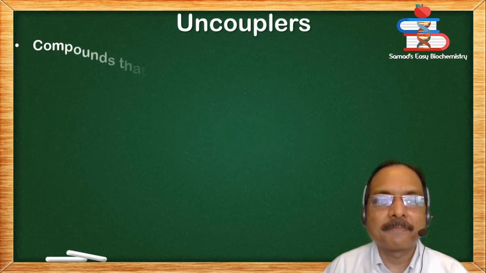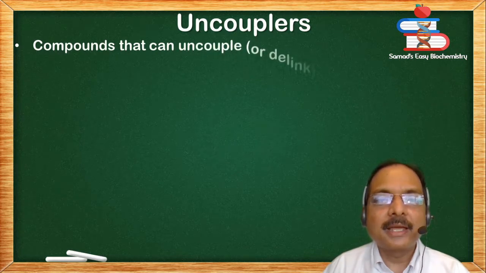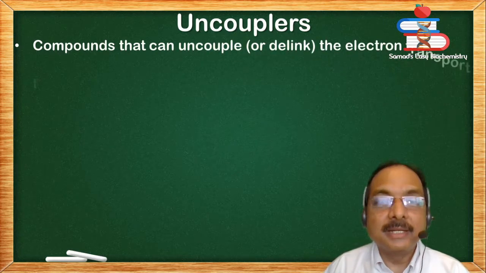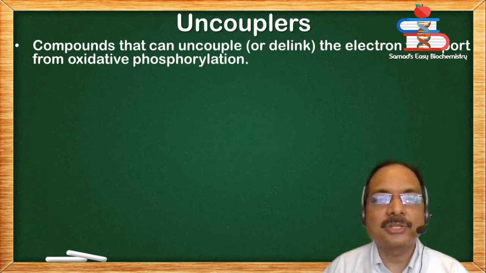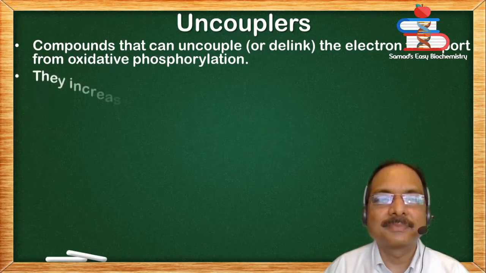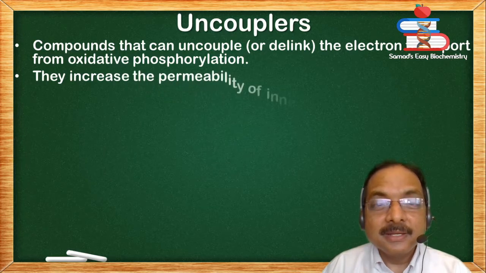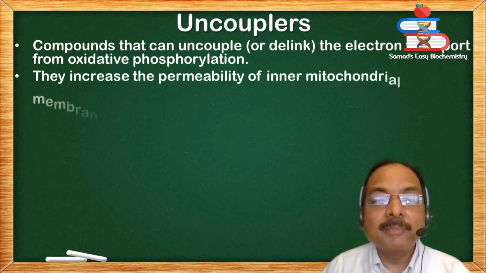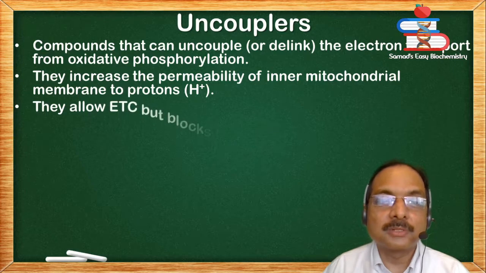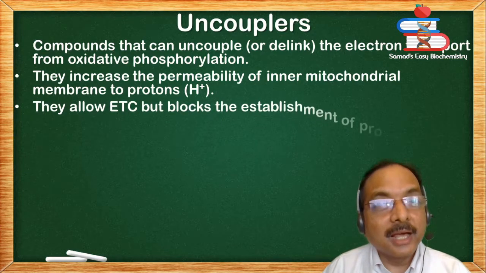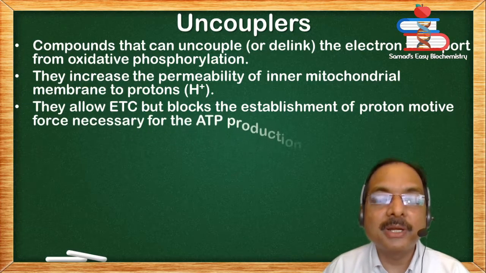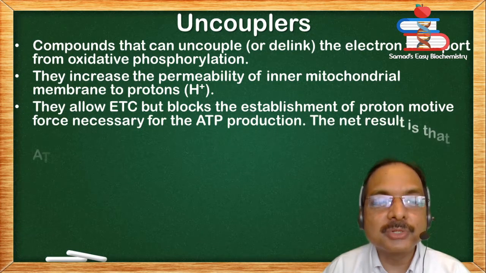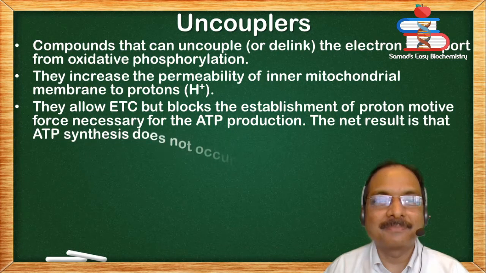Uncouplers. Compounds that can uncouple or delink the electron transport from oxidative phosphorylation. They increase the permeability of the inner mitochondrial membrane to protons. They allow the electron transport chain to occur but block the establishment of the proton motive force necessary for ATP production.